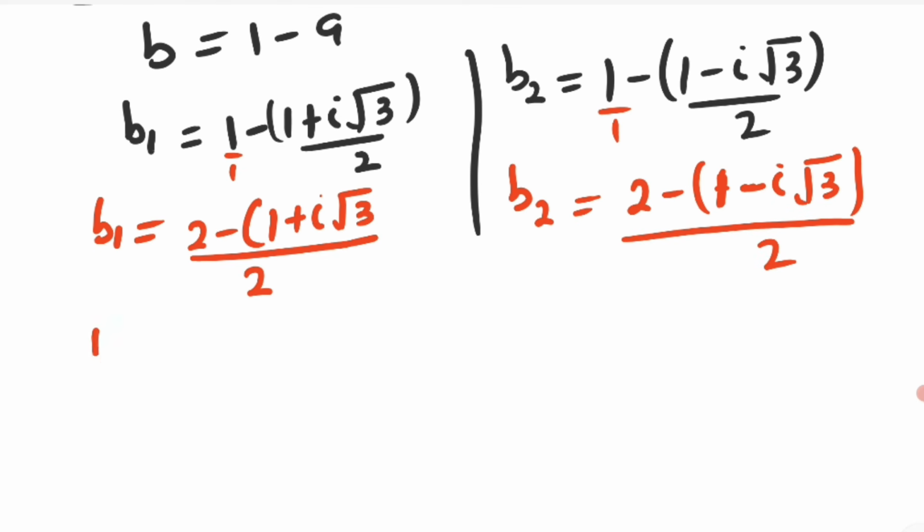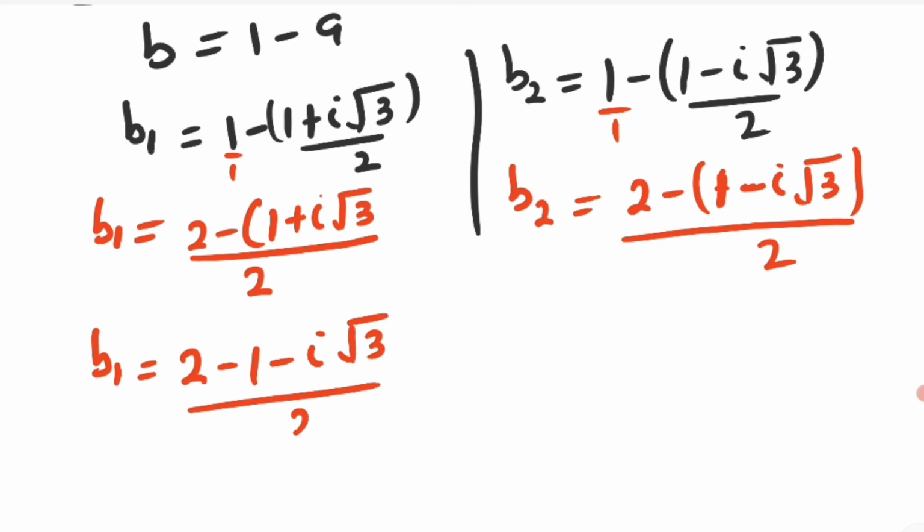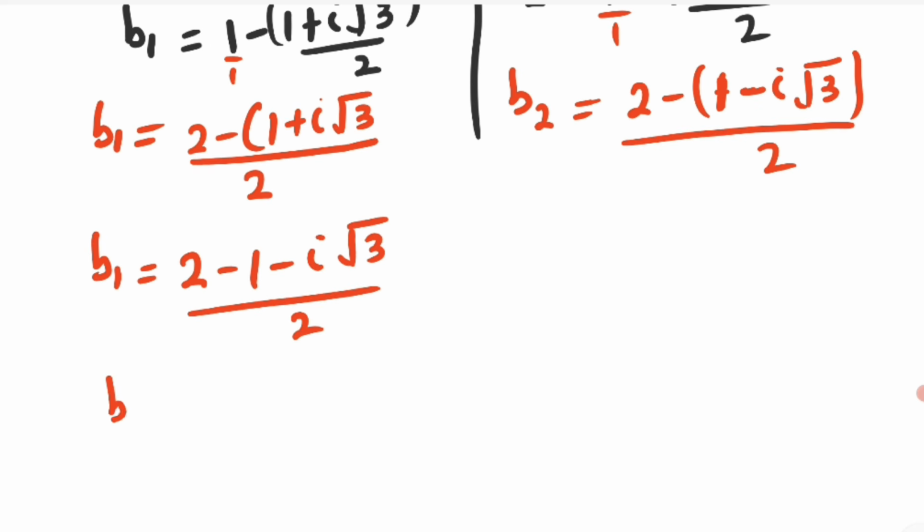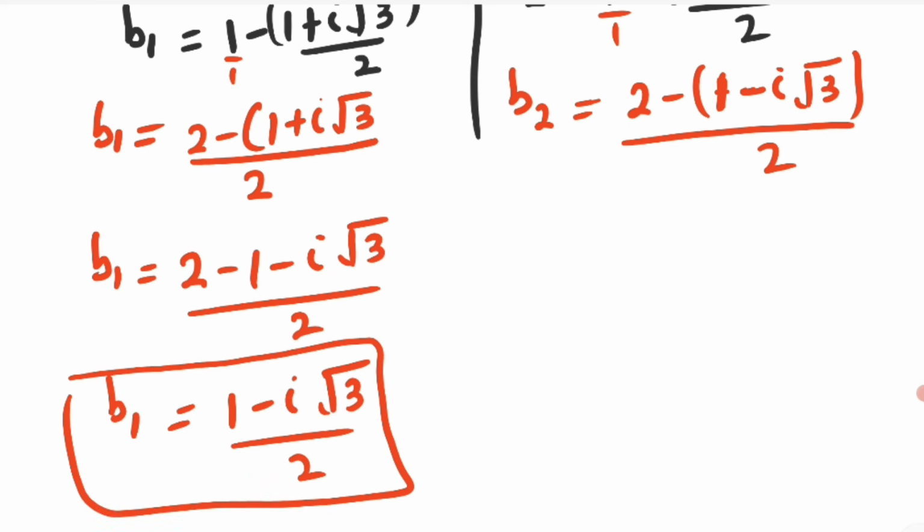Then here we have B1 is equal to 2. If you open the bracket with this negative, we have minus 1 minus I root 3 over 2, and B1 is equal to 2 minus 1. This is 1 minus I root 3 over 2. This is the value of B1.